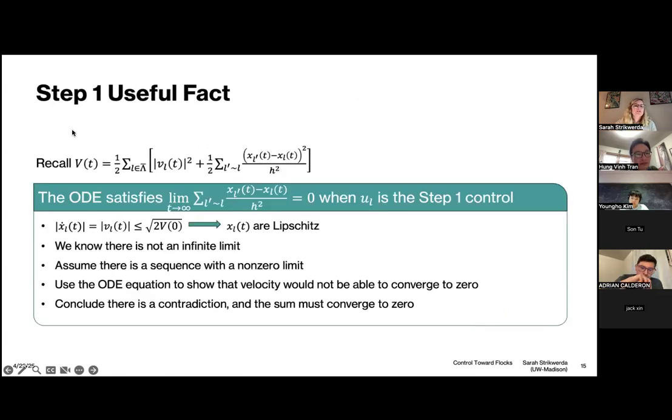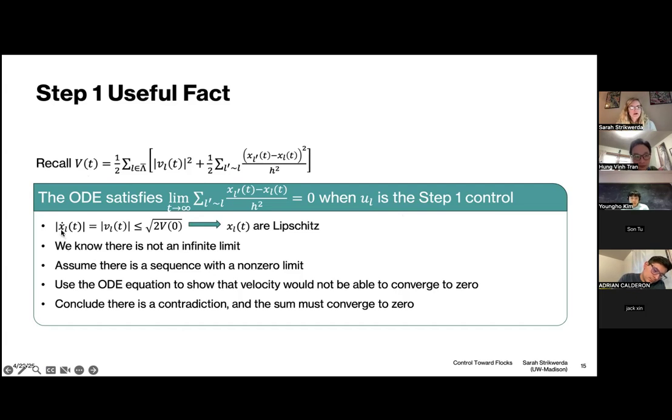So a useful fact in step 1 is that this is our Lyapunov functional, and the ODE solution is going to satisfy the limit of this being equal to 0 when the UL from step 1 is used as the control, because this is going to 0. So this term will also go towards 0, and it'll be useful that it is small.